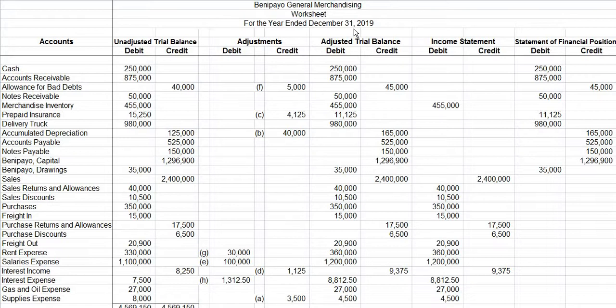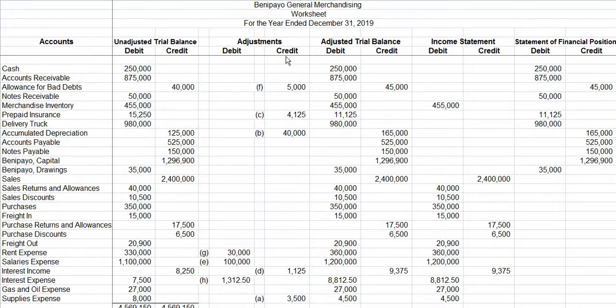This worksheet is called a 10-column worksheet not because there are 10 columns, but because there are 10 money columns. The first 2 money columns are for the unadjusted trial balance, divided into the debit column and the credit column.